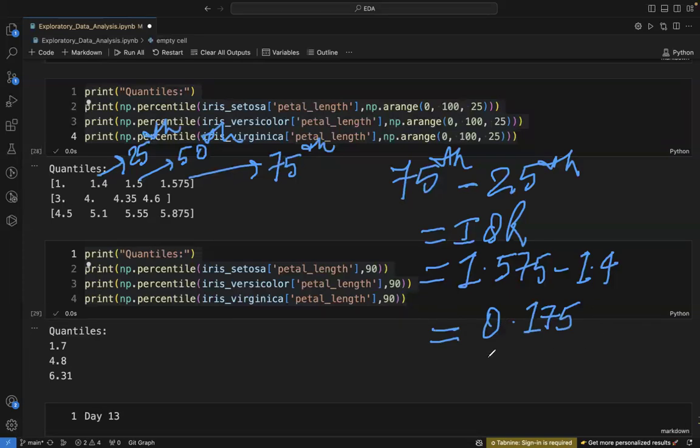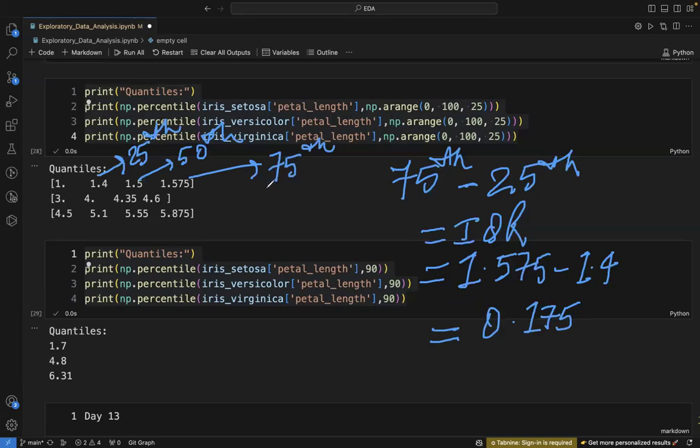This is my interquartile range, which means that in this short interval, 50% of your data lies. That's what an interquartile range means. It's interquartile because I'm subtracting the first quartile from the third quartile.